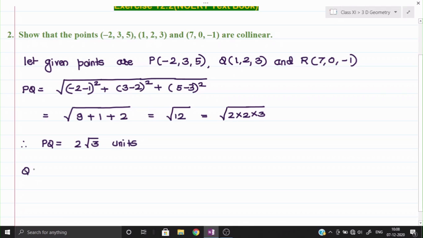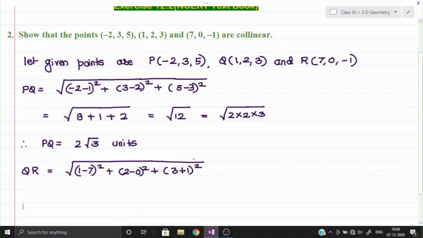The second value is QR is equal to under root of 1 minus 7 whole power 2, plus 2 minus 0 whole power 2, and 3 plus 1, because minus minus becomes plus. So 3 plus 1 whole power 2.